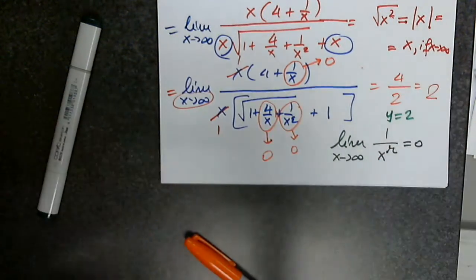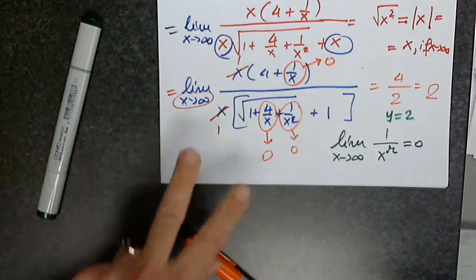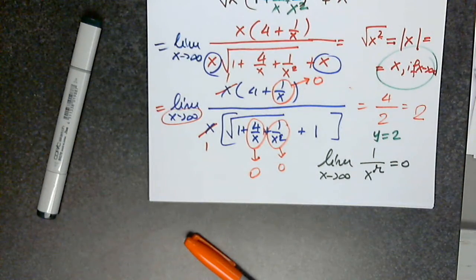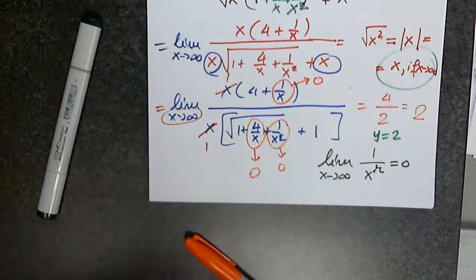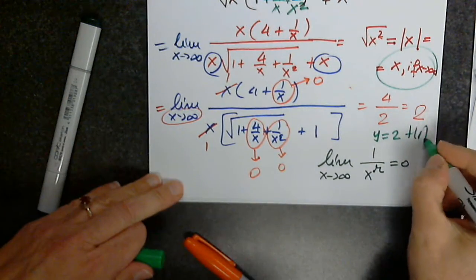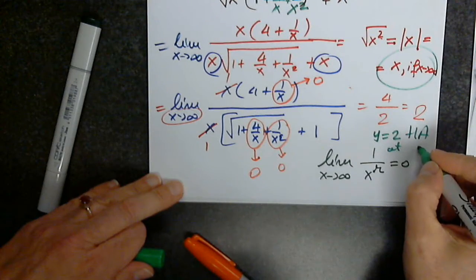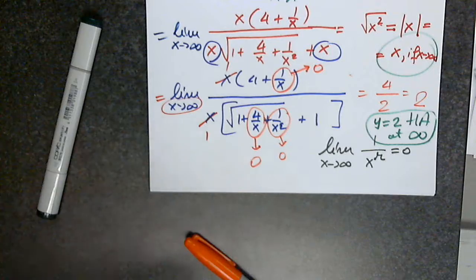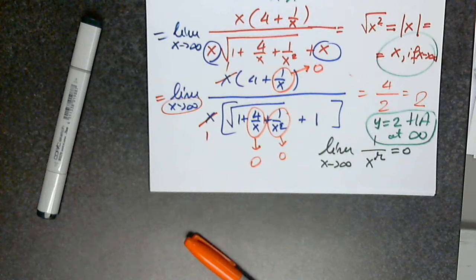But I have to be very specific now because I did use this in my calculations. I cannot say everywhere. What can I say? That y equals 2 is a horizontal asymptote at only infinity, yes. I did use the fact that x was approaching infinity.